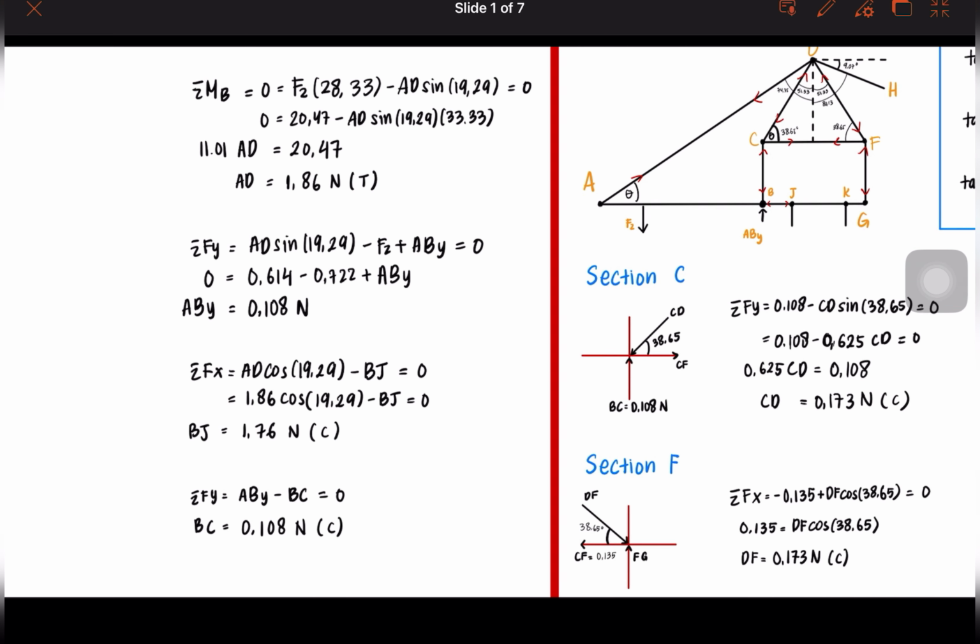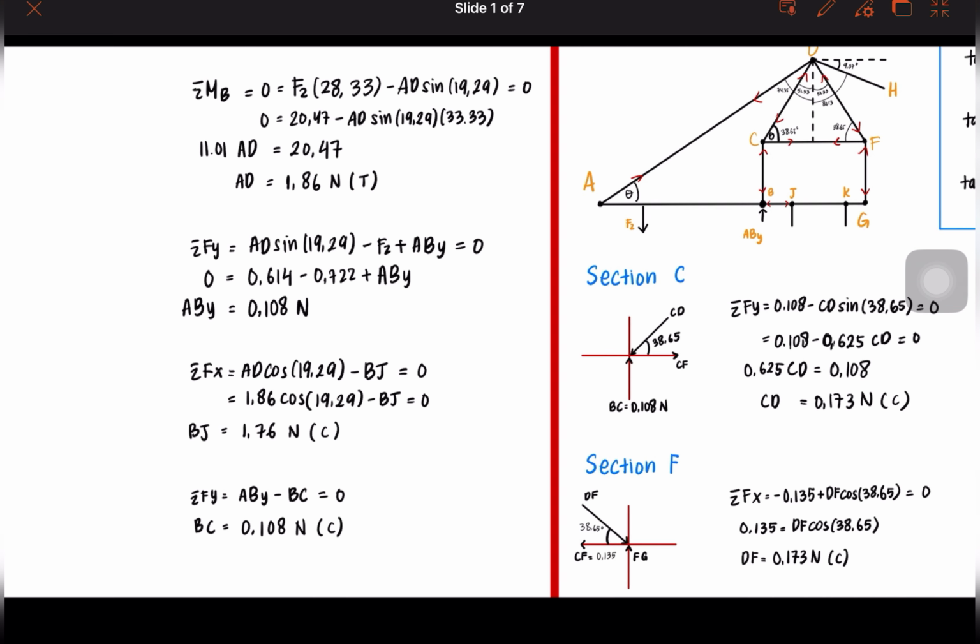So we have AD sin 74.35 minus, since it's going away from the x-axis, going to the negative side of the x-axis, that's why it's negative, plus CD. The reason why it's positive is that this member is going up and to the right. Right is positive for the x-axis, and going up is positive for the y-axis.